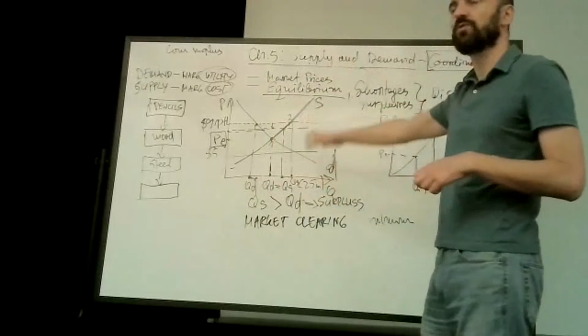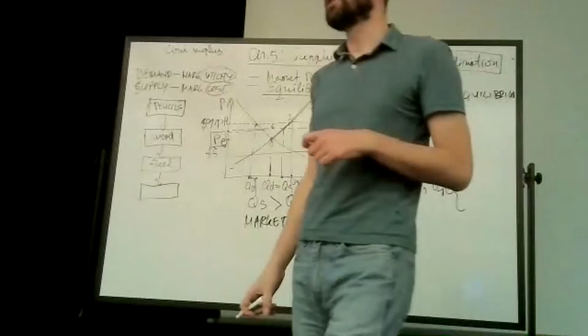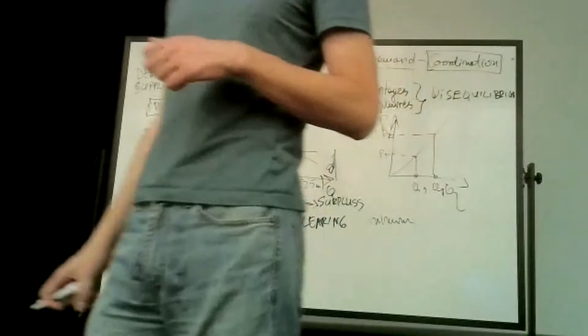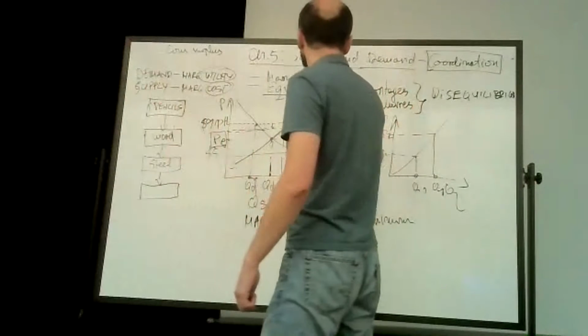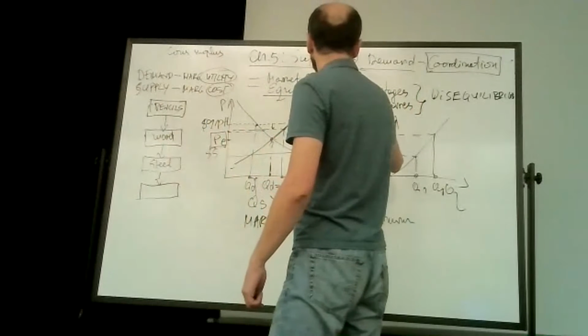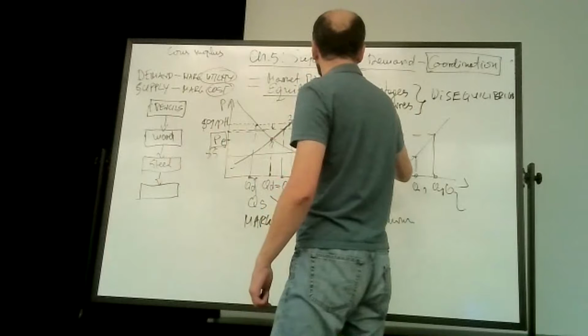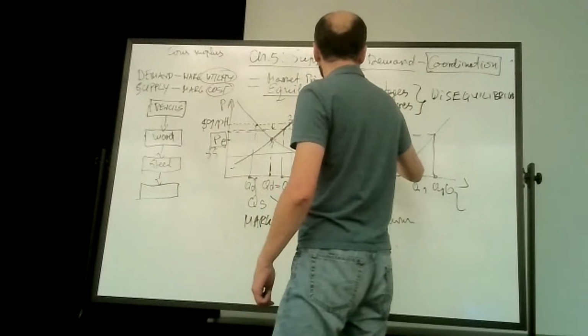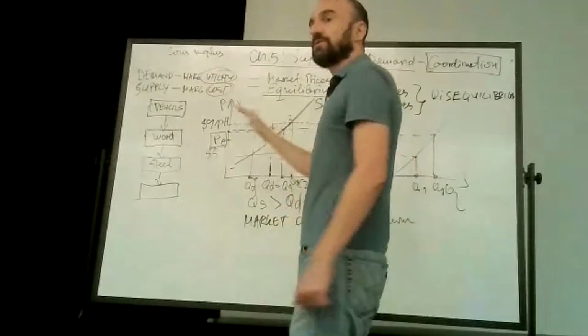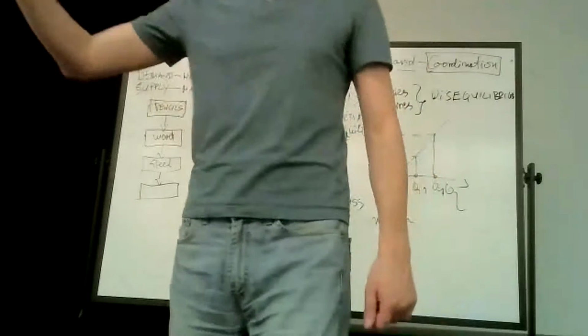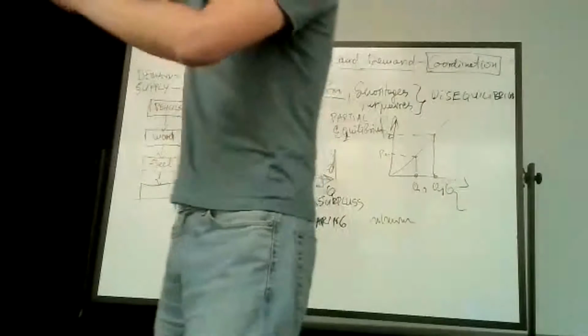And this type of analysis is called the partial equilibrium analysis. Partial equilibrium. Why partial? Because we talk only about one product or one sector, and we disregard other things.